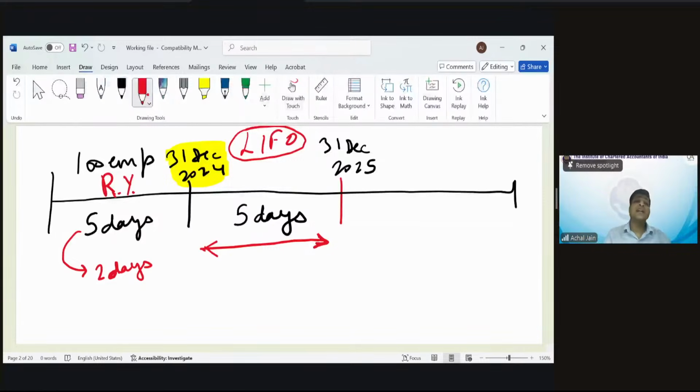And what is the expectation of the entity? Out of 100 employees, 92 out of 100, 92 employees will avail no more than 5 days of leaves in X5. Means in 2025.